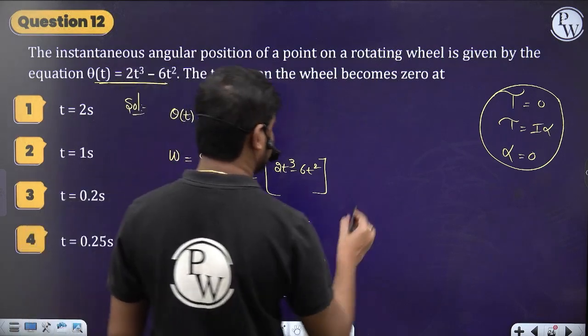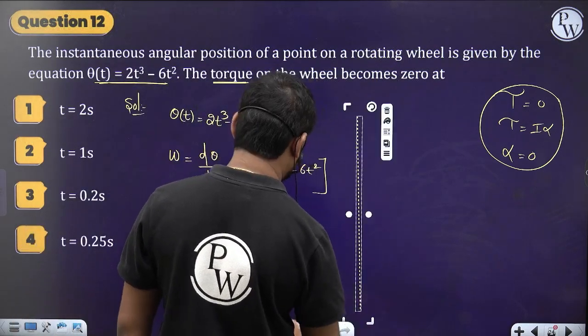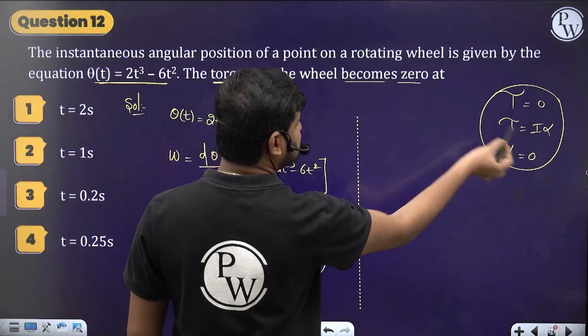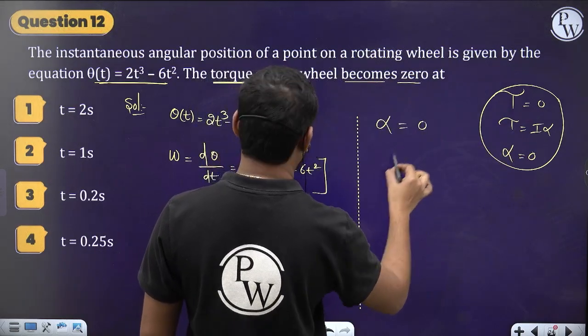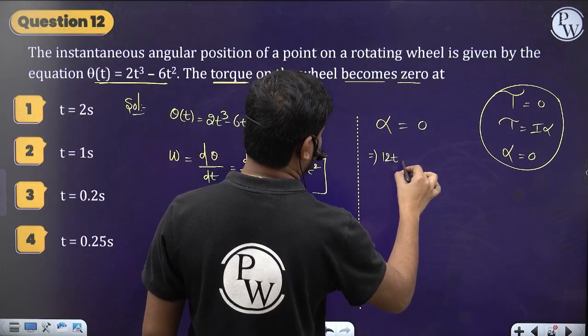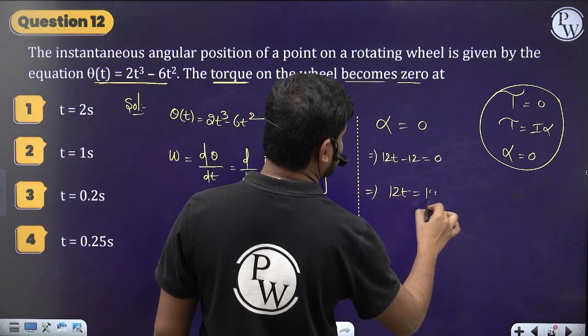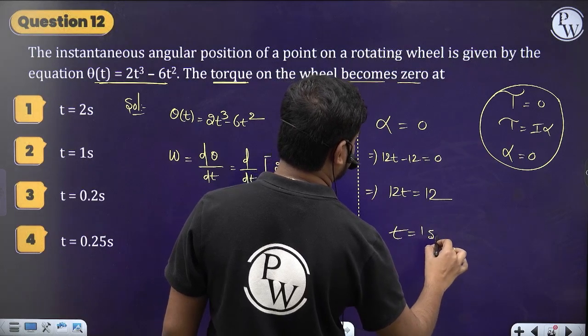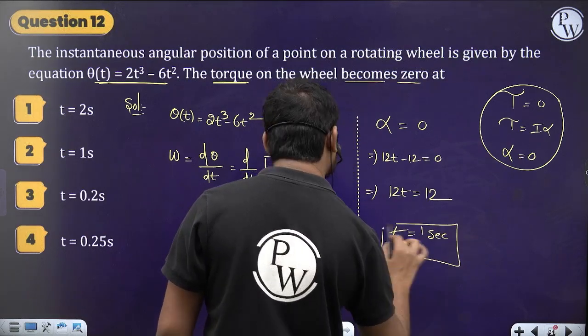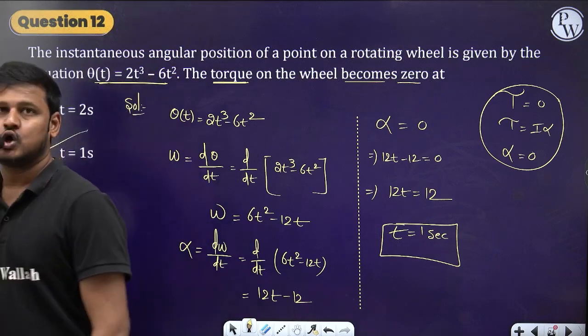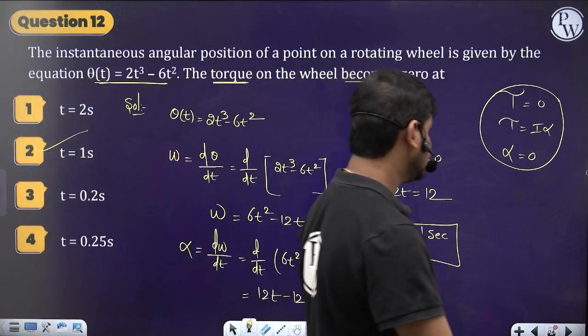Now alpha equals 0 because the torque becomes 0. So 12t minus 12 equals 0, 12t equals 12, and t equals 1 second. Option 2. Clear? Understood, guys?